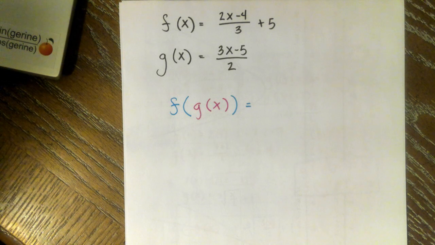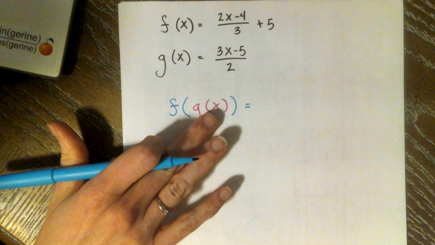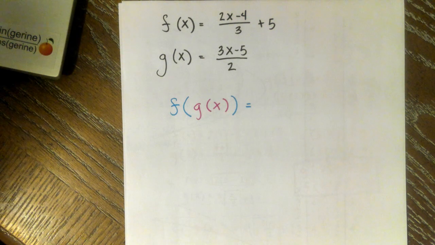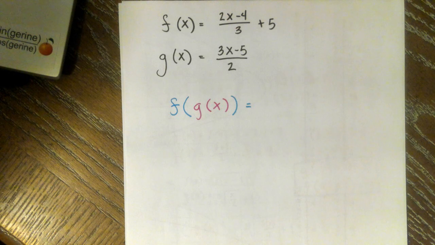So you are going to find f of g of x. So I want you to write the f function, but instead of x, I want you to write g of x. And that's it. Okay? So do that now. Pause the video, try it, and see if you can replace the x with g of x.